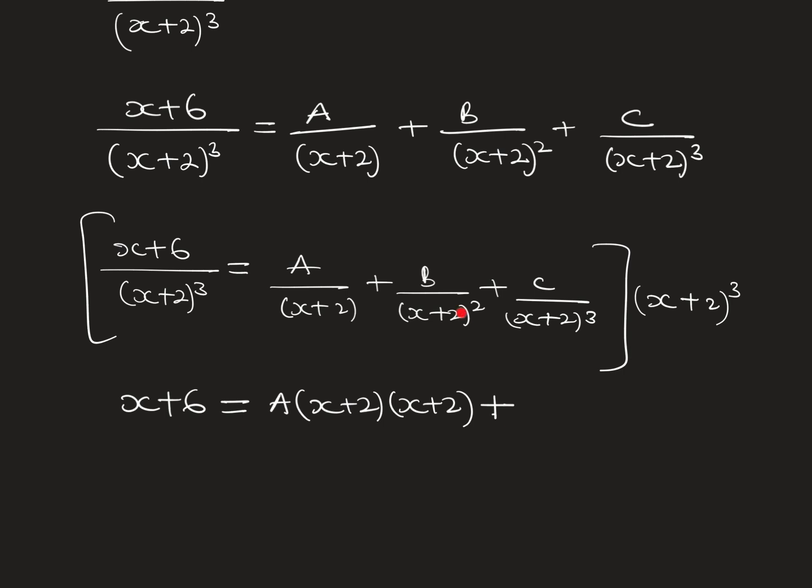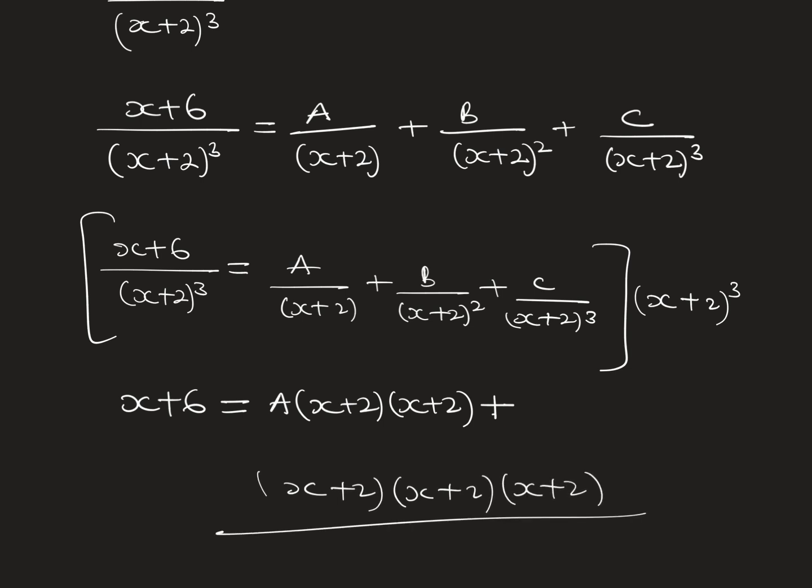Plus, if x plus 2 all squared goes into x plus 2 to the power 3, what do we have? So what is x plus 2 to the power 3? That is x plus 2 into x plus 2 into x plus 2. If that is divided by x plus 2 to the power 2, which means x plus 2 into x plus 2, it means this will cancel, this will cancel.